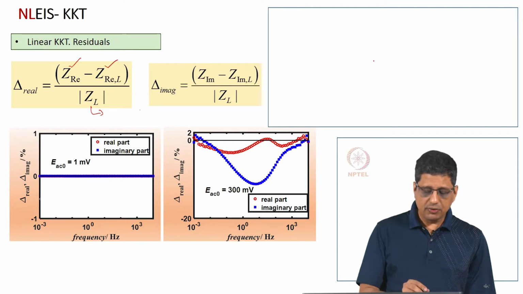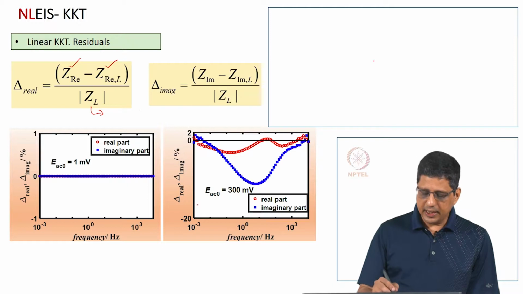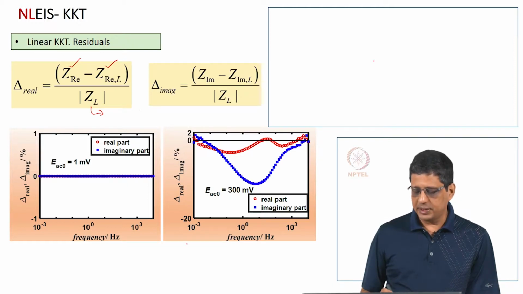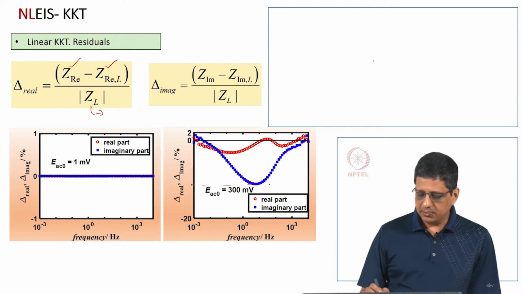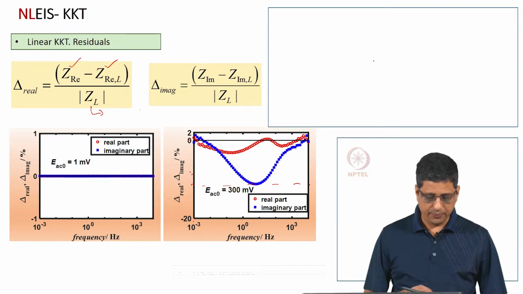and when you use this for 1 millivolt data, it is exactly 0. So, it means it is fitting perfectly. In case of the 300 millivolt data, the real and imaginary residuals are plotted as a function of frequency, and you can say this is probably 0 to 20, 0 to 10, maybe 10-15 percentage residuals.